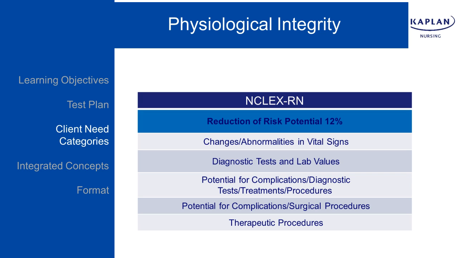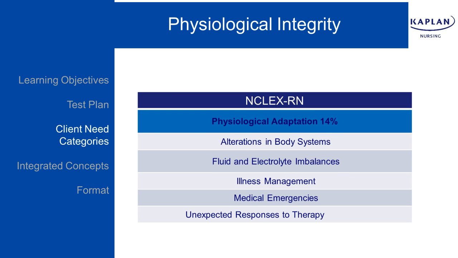The next subcategory in physiological integrity is reduction of risk potential. It is 12% of the test questions that you will encounter on your exam. Topics in this include changes or abnormalities in vital signs, diagnostic tests and lab values, the potential for complications of diagnostic testing, treatments, and procedures, potential for complications of surgical procedures, and therapeutic procedures.